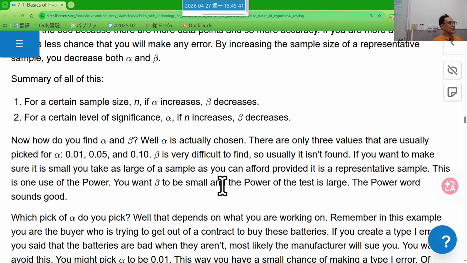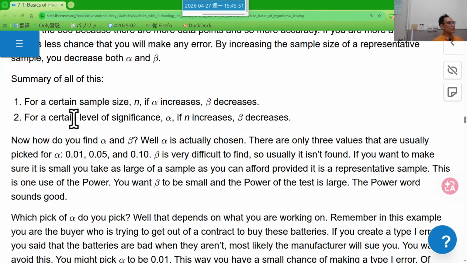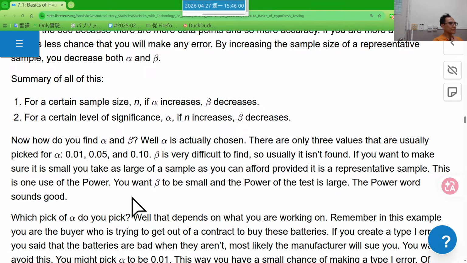Summary: for a certain sample size n, if alpha increases, then beta decreases. For a certain level of significance alpha, if n increases, beta decreases.